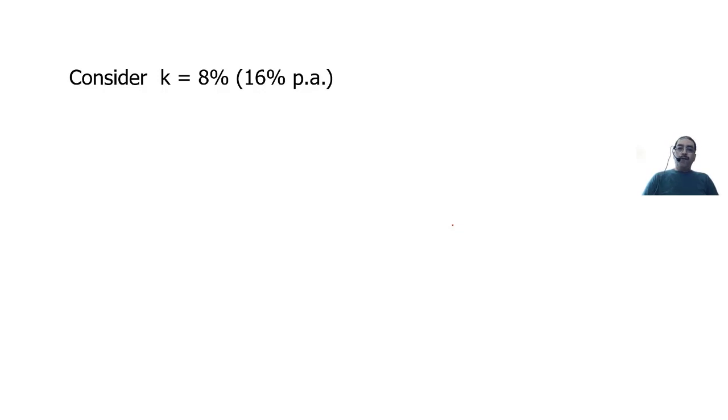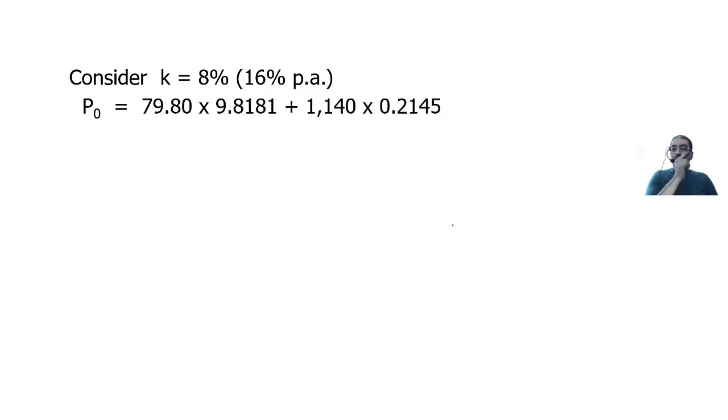So I say P0 is therefore equal to interest amount. This we have already calculated. Interest amount does not change. Interest rate does not change. What changes? YTM changes. So annuity of 8% for 20 periods. Let us do it. All of you are sitting with calculators.